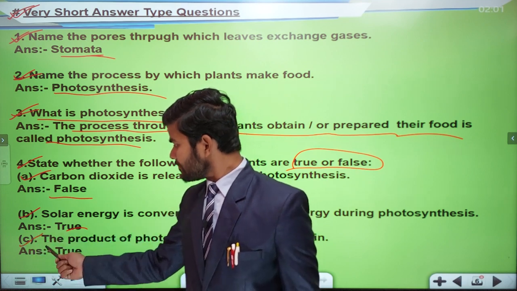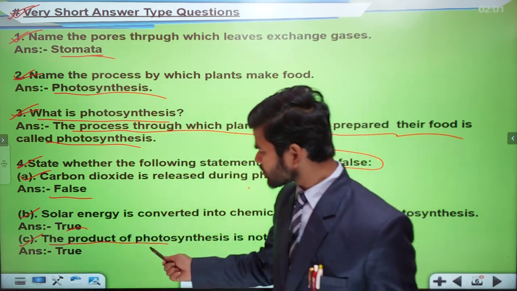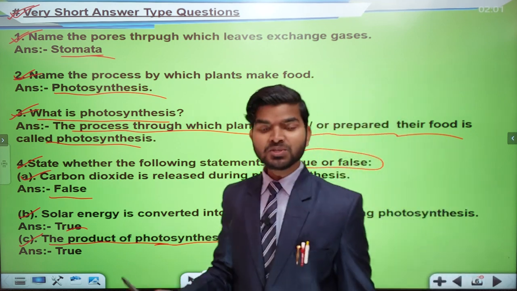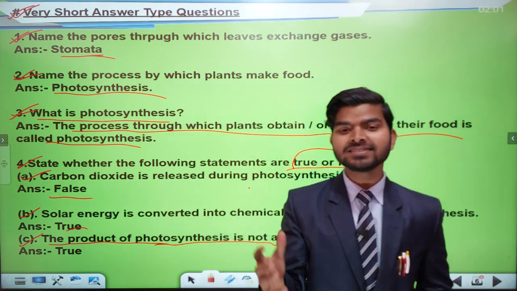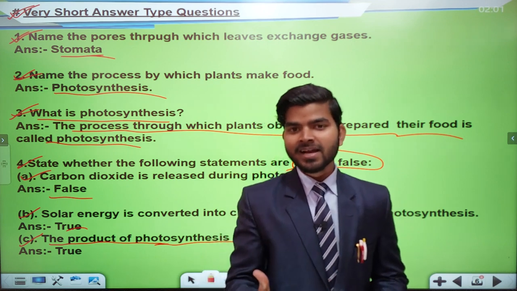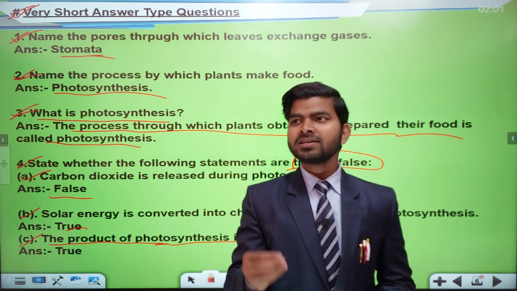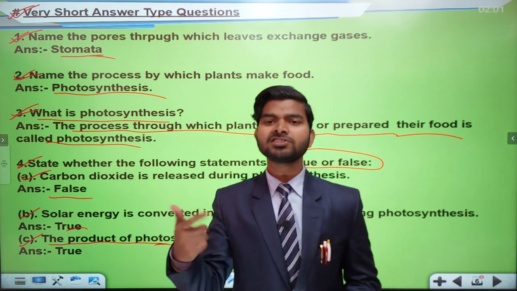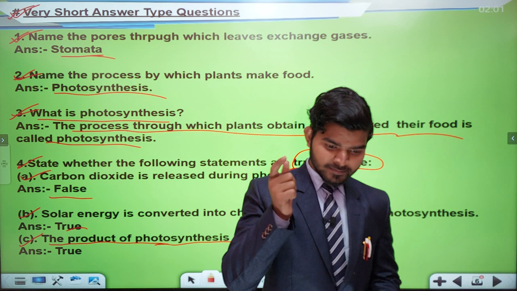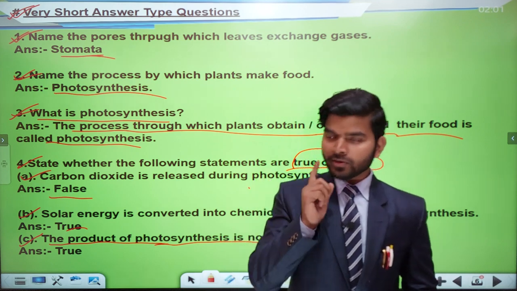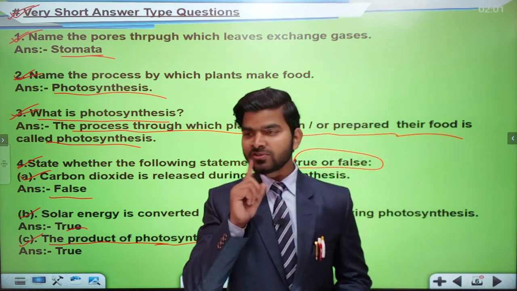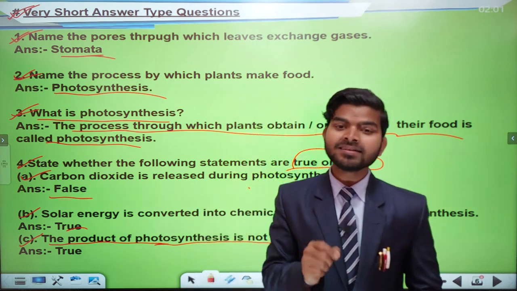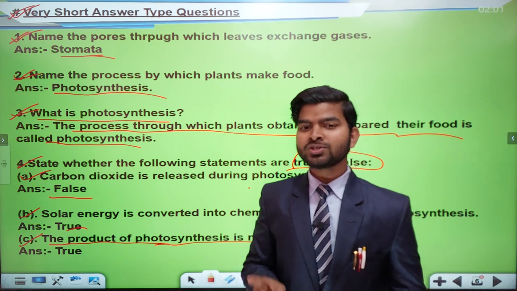Next question: the product of photosynthesis is not a protein. Obviously true, because the product of photosynthesis is glucose, and later some glucose may be converted into proteins, vitamins, minerals, etc. But the immediate product of photosynthesis is glucose, not protein.